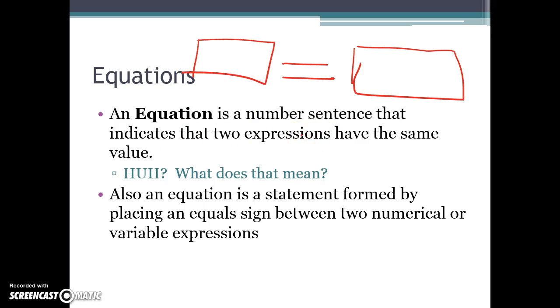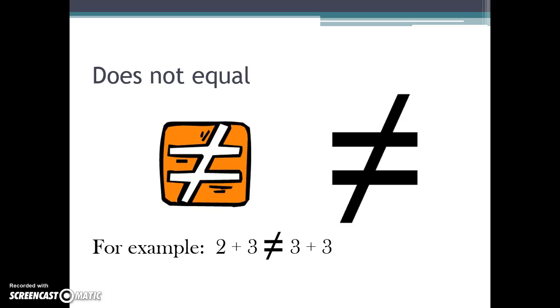They may look a little different, but they are the same. For example, if we have 3 plus 2, do these two sides have the same value? Yes, they do. And that's what that equal sign means. Even though that 3 plus 2 is broken apart, it has the same value as what is on the right side, that 5.